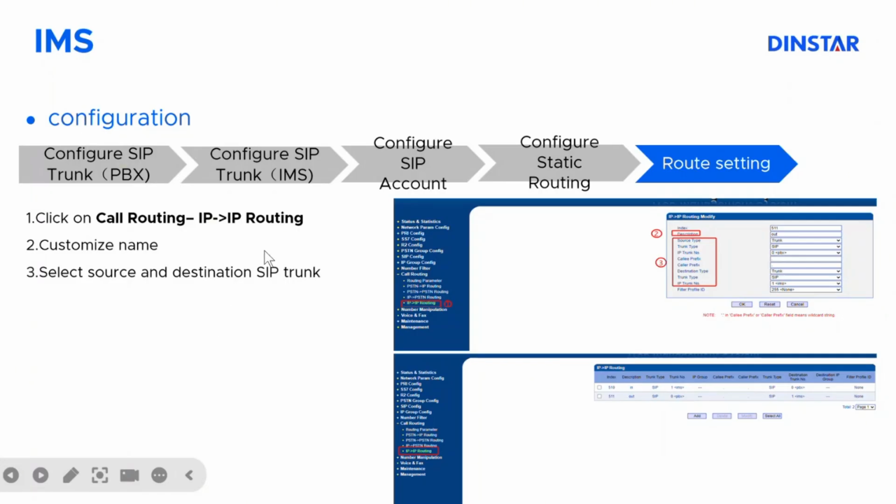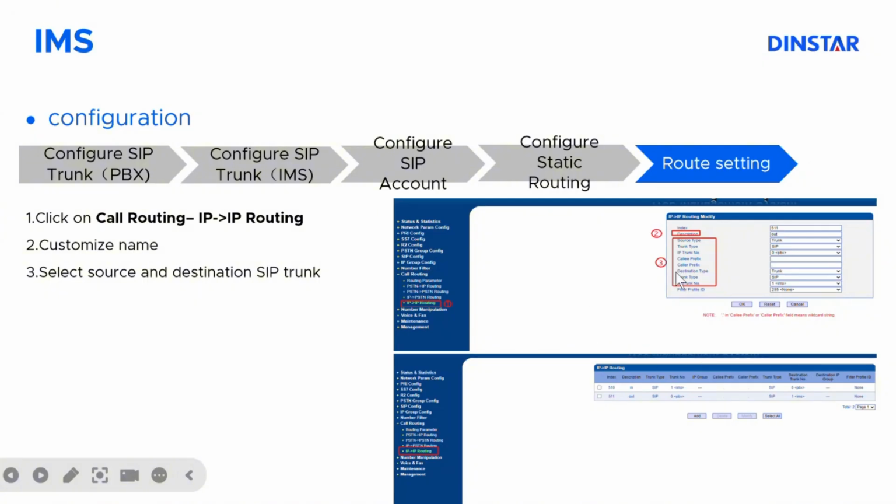In this scenario, one side connects to the PBX and the other side connects to IMS, and we set the routing in two directions, inbound and outbound. The inbound is from the IMS to our PBX, and the outbound is from the PBX to IMS.